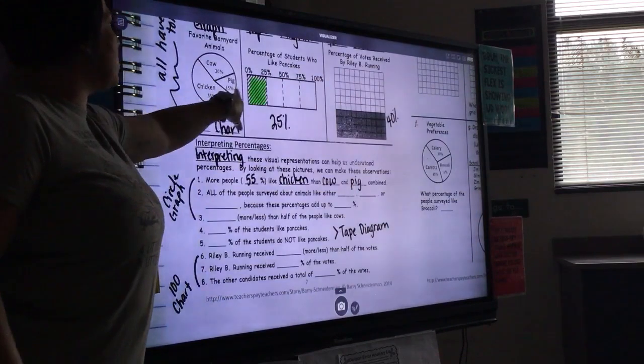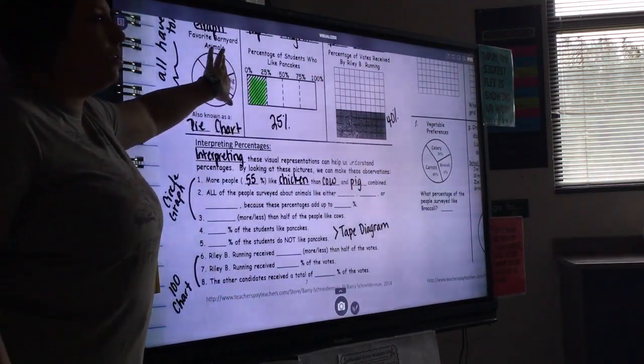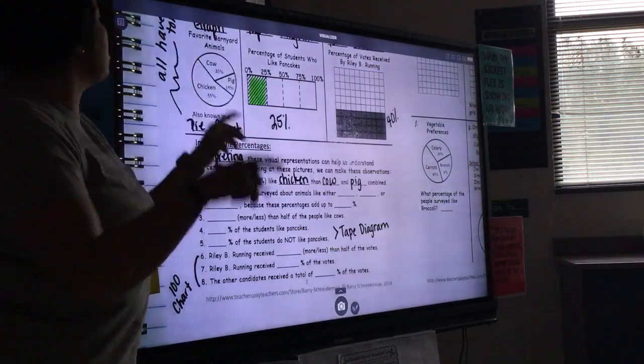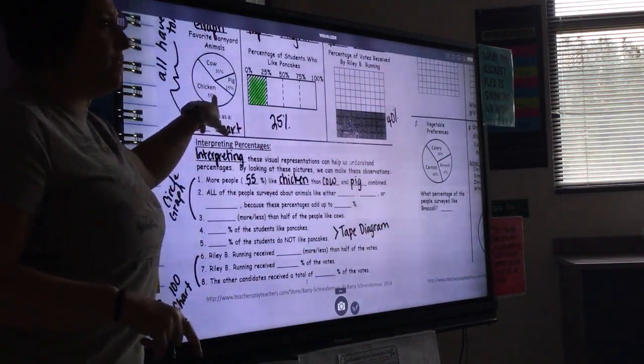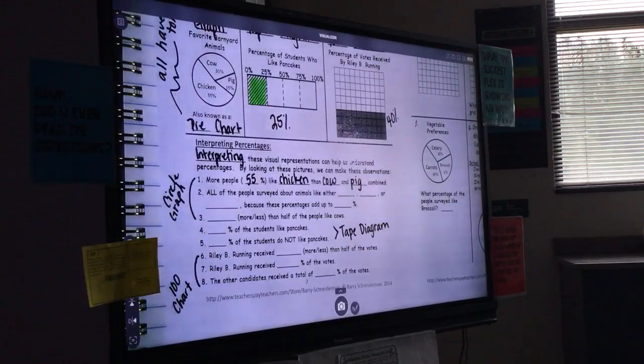This is 30% and that's 15%. What do I have to do with these two to make sure it is smaller than 55%? You have to add them up. And when you add them up, what do you get? 45%, which is obviously less than that 55%.